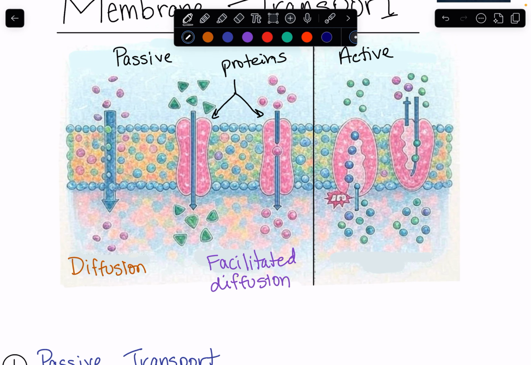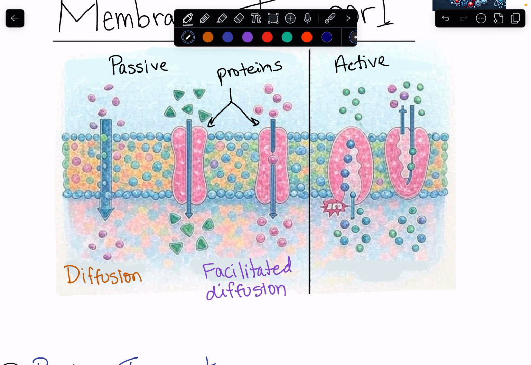It's still passive diffusion, but it gives a type of channel, a type of roadway for these molecules to go from, again, a concentration of high to low. We still have the exact same thing. Concentration goes from high to low.